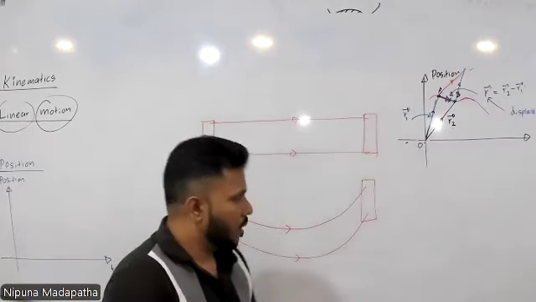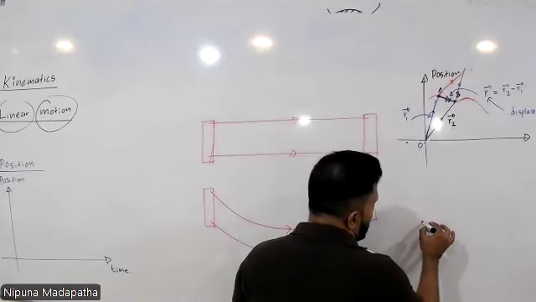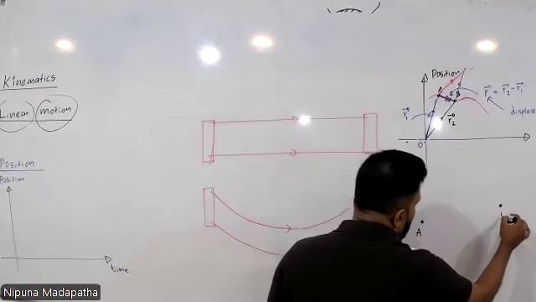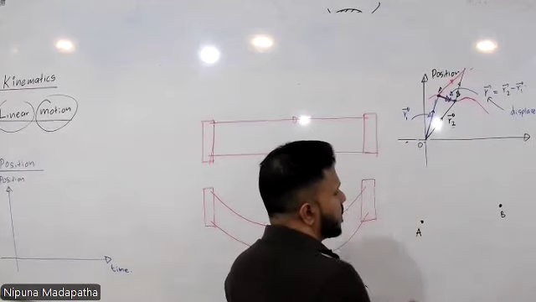Okay. So now what is the difference between displacement and distance? Suppose these are the points A and B. What is the difference between displacement and distance?